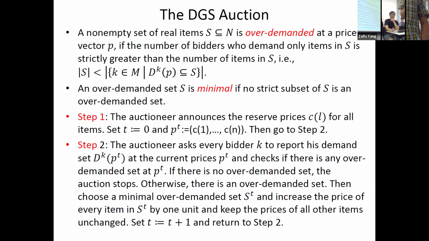That's actually the definition of an over-demanded set from Demange-Gale-Sotomayor, and this next one is very crucial. An over-demanded set S is minimal if no proper subset of S is an over-demanded set.